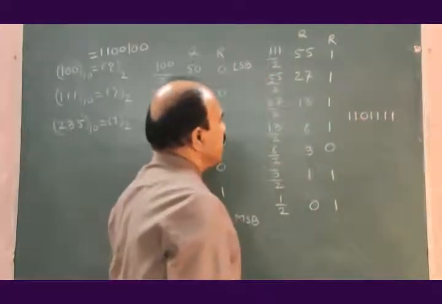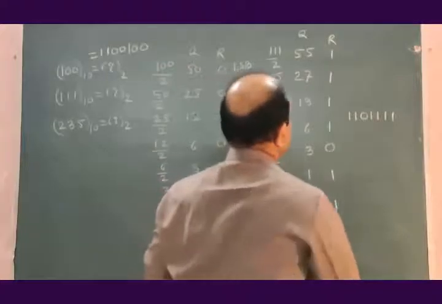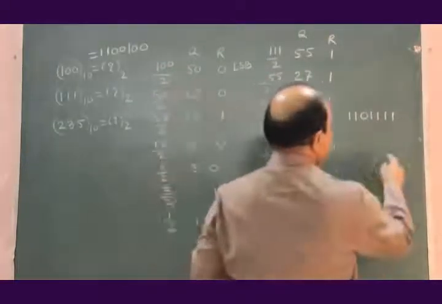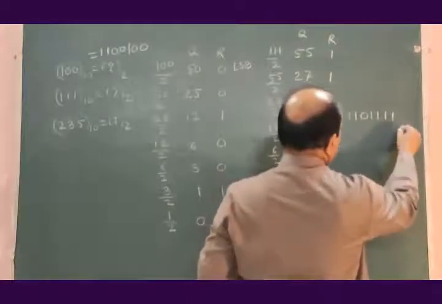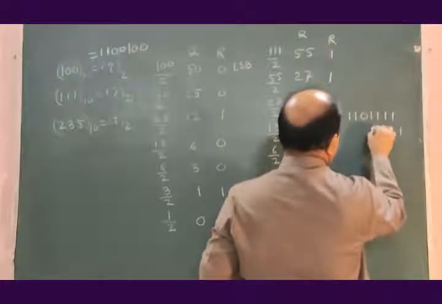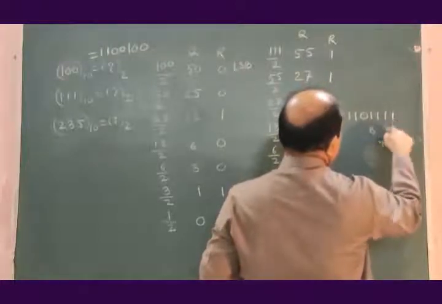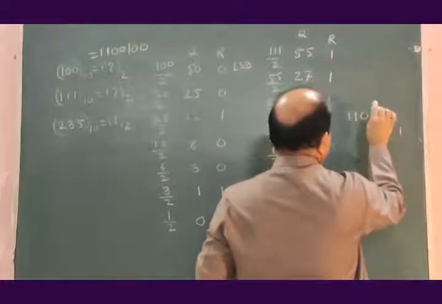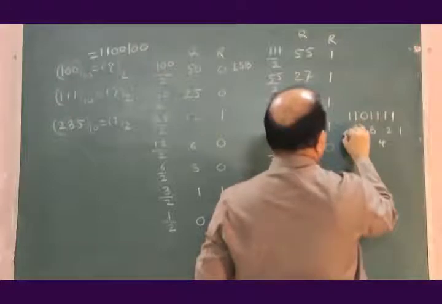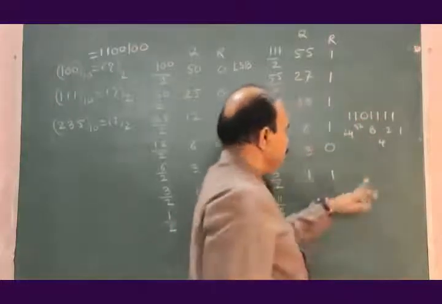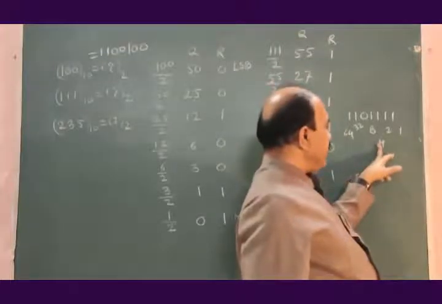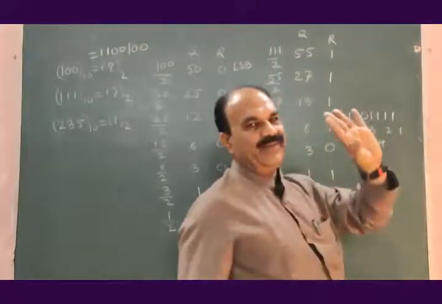This is 111. Let us see whether this is 111. 1, 2, 4, 8, then 1, 2, 4, 8, for 0 don't write any, 16, 32, 64: 4 plus 8 is 12, 32 plus 64 is 96, 96 plus 12 is 108, 110, 111.